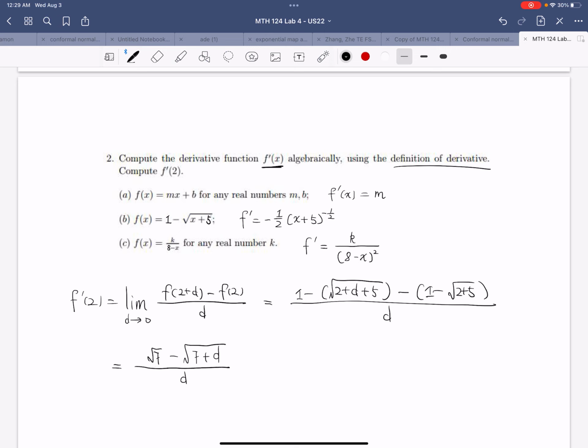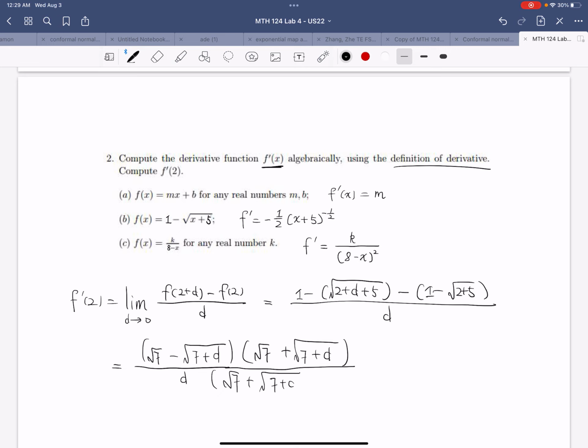Here we use a trick: multiply by the same number on both numerator and denominator to cancel the square roots. The factor we should use is square root of 7 plus square root of 7 plus d.